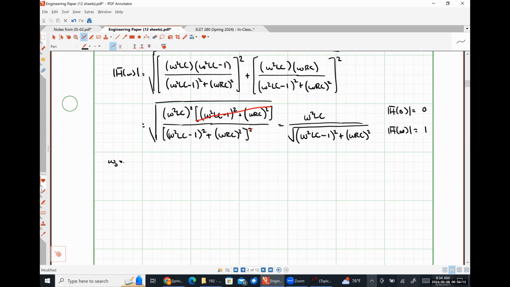Our resonant frequency is simply the square root of 1 over LC. And our 3 decibel cutoff frequency is going to be extremely similar, but not quite exactly what we saw for our low pass filter. Okay.